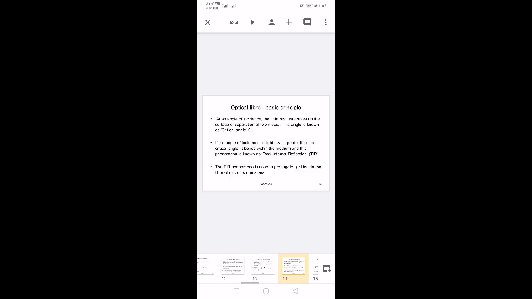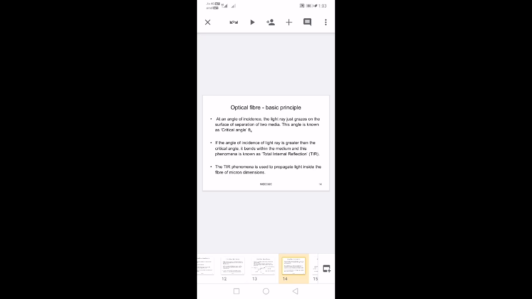What happens is that it will not go into medium 2; it will travel parallel to the surface. At this angle of incidence the light ray just grazes the surface of separation of the two media. This angle we call the critical angle. When theta I equals theta c, the light will not go into medium 2, it will stay on the surface between medium 1 and medium 2.